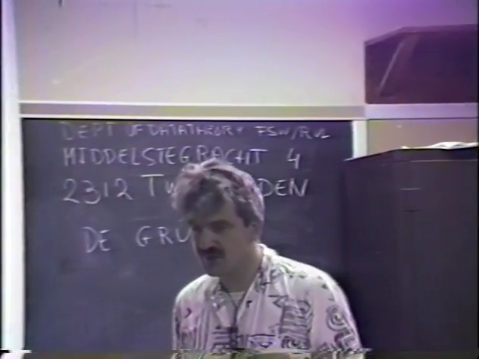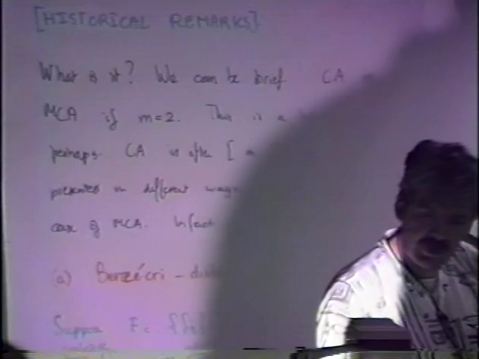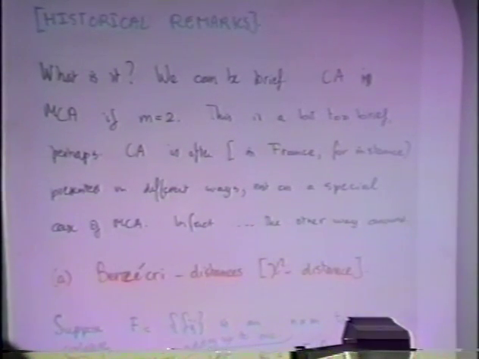In France, for instance, the technique is very popular and it's presented in many different ways, and usually not as a special case of multiple correspondence analysis. In fact, in France, multiple correspondence analysis is usually presented as a special case of correspondence analysis. So this is to increase the confusion.